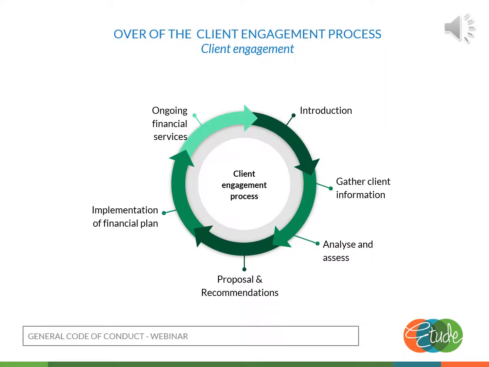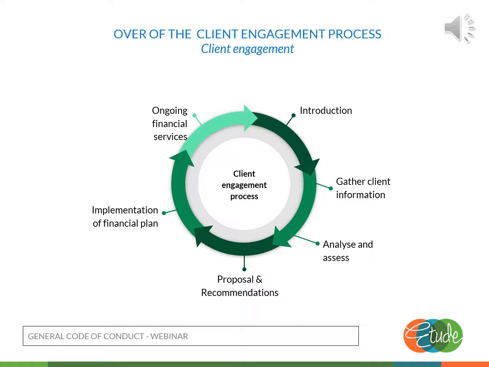In general, the client engagement process will consist of the following steps. Step 1. An introduction as the financial services provider. Step 2. Gather the client information and agree on the services to be rendered. Step 3.